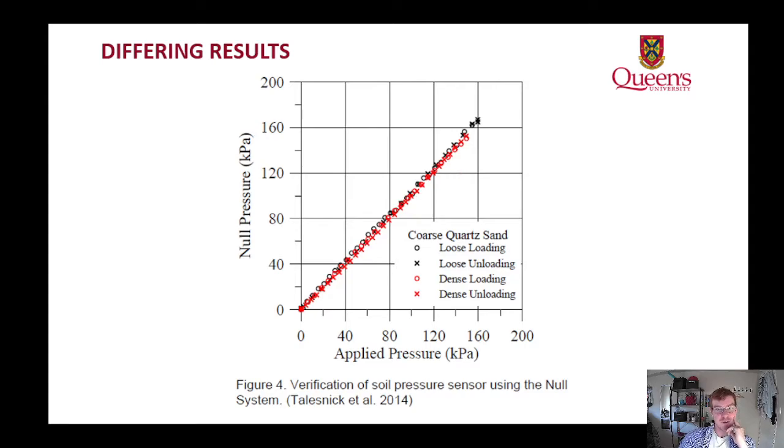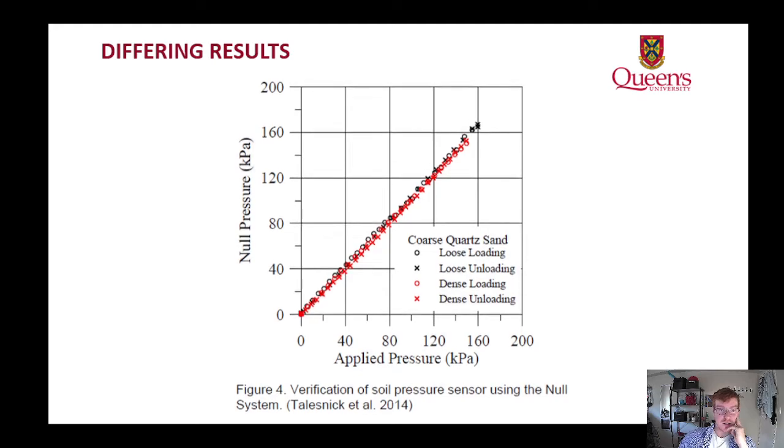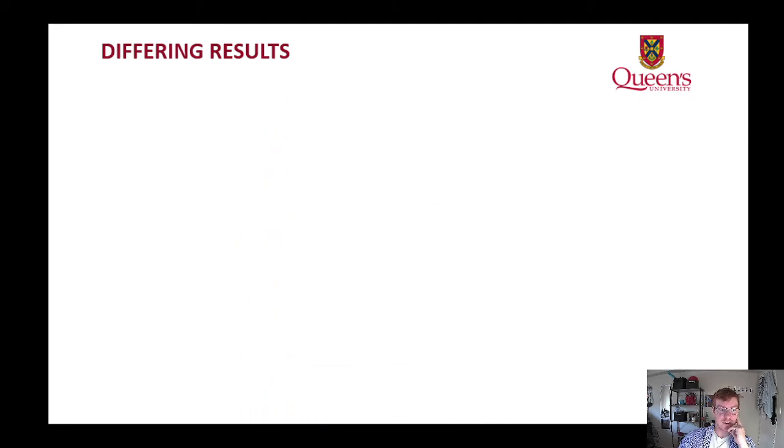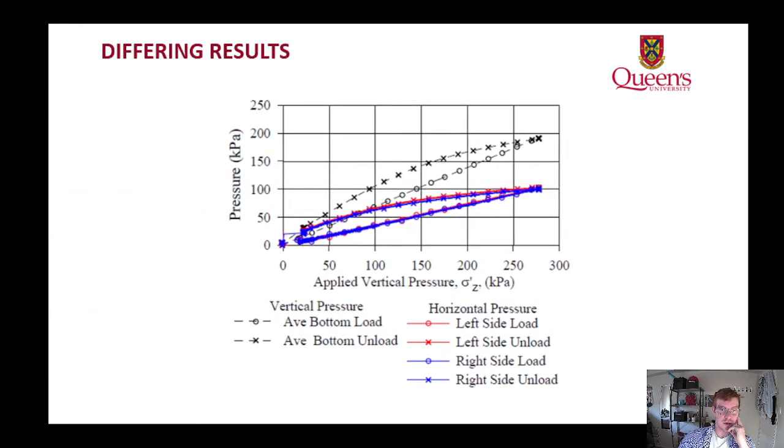So essentially every increment of load that was applied to the top of the soil is being read by the sensor at the bottom. That's really beautiful. So let's take a look at a data set from another researcher who made use of the null sensor but did not make use of friction treatment. So this is a little difficult to understand.